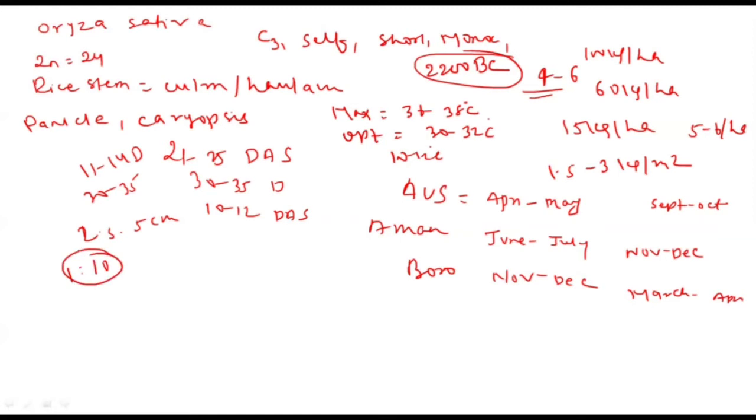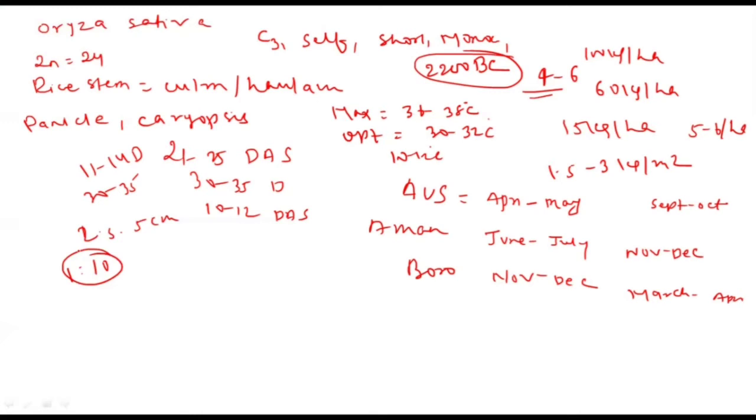After that, biological nitrogen fixation in rice, where blue green algae with water fern Azolla fixes atmospheric nitrogen. The genus Oryza has 24 species, out of which only 2 are cultivated. In area under rice cultivation, India is leading, followed by China. But in production, China leads.